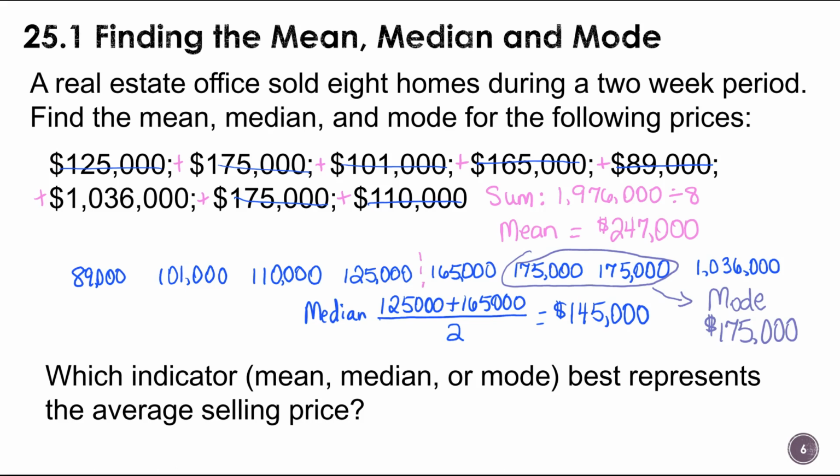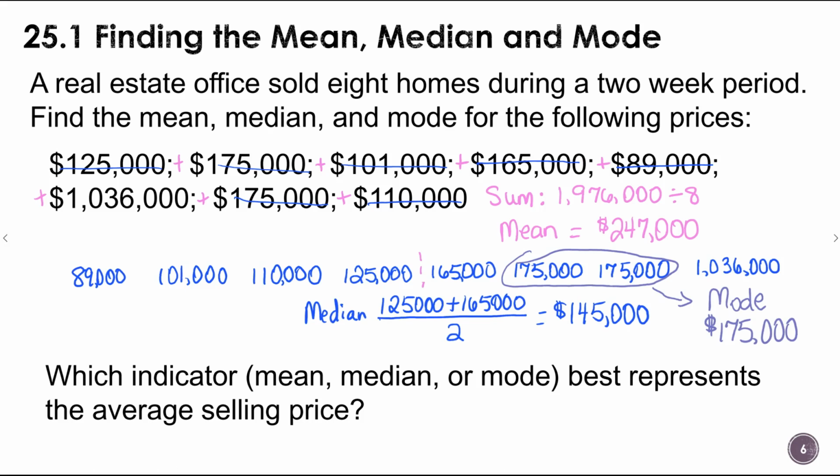Now, if you look at the data, you can see this big old number out at the end, 1,036,000. We kind of call that something like an outlier because it's so far away from the rest of our data. Like it's way beyond the $175,000 even, because it's over $1 million.